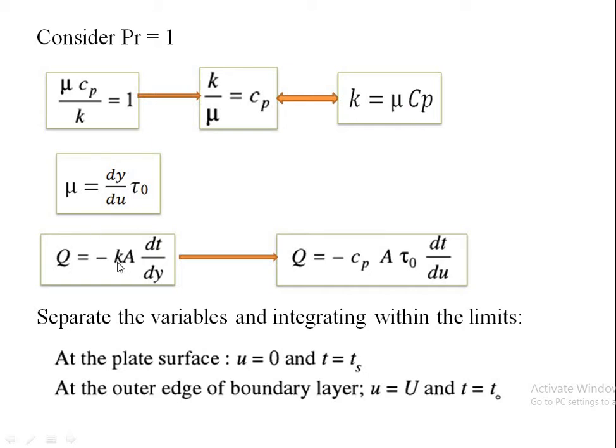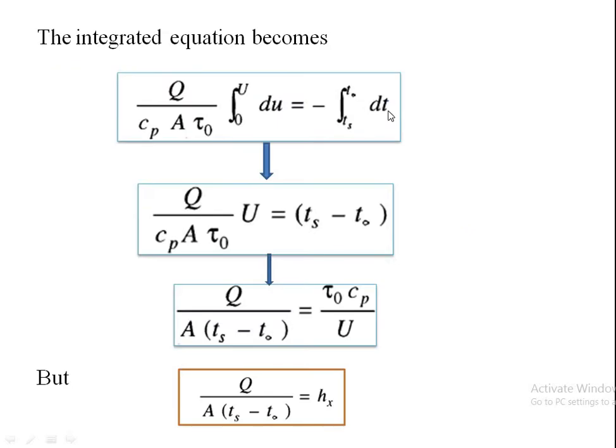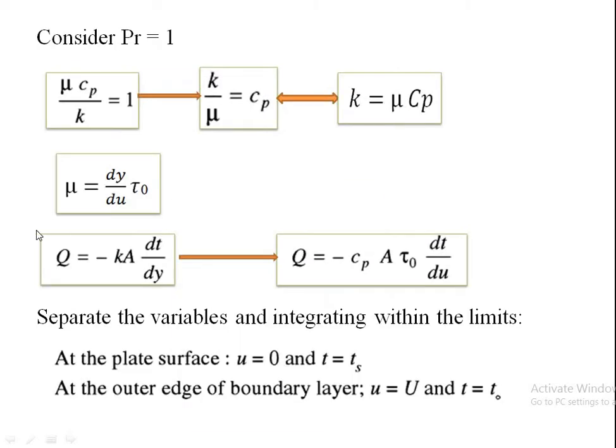In a heat transfer equation, q is equal to minus k multiplied by A multiplied by dT divided by dy, and instead of mu, if you put this value dy divided by du multiplied by tau naught, we'll get the heat transfer rate q is equal to minus Cp multiplied by A multiplied by tau naught multiplied by dT divided by du.